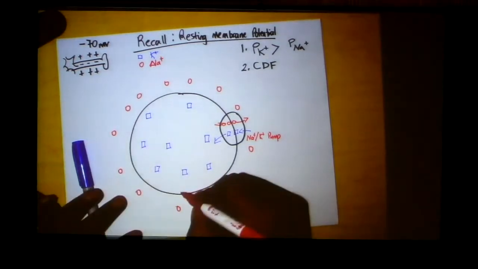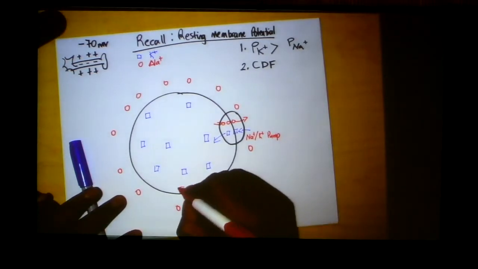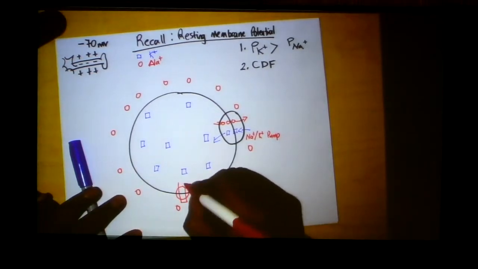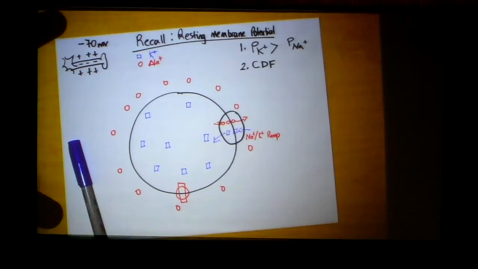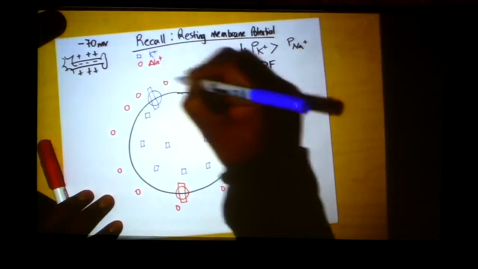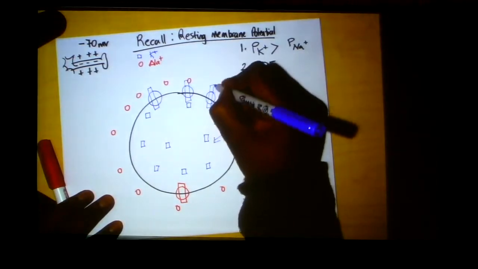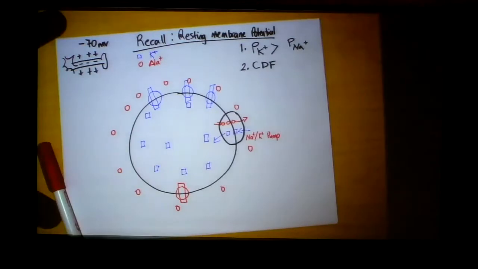Again, representing those varying permeabilities, we'll put 1 sodium channel here. And we know that we have many more potassium channels, so we'll draw a few of those on. This is reflecting the increased permeability of the membrane for potassium.